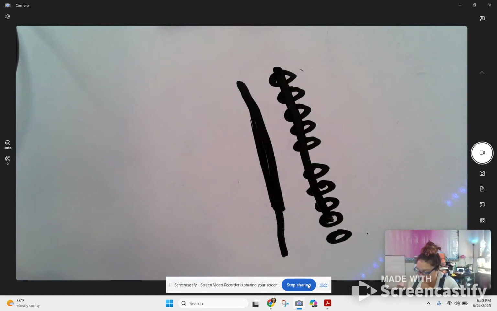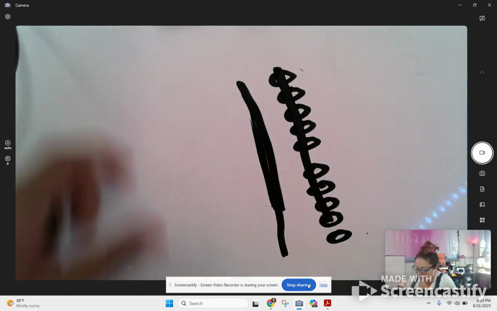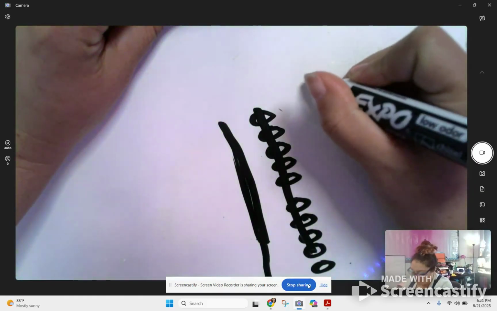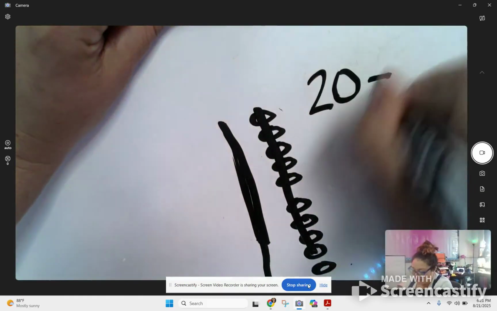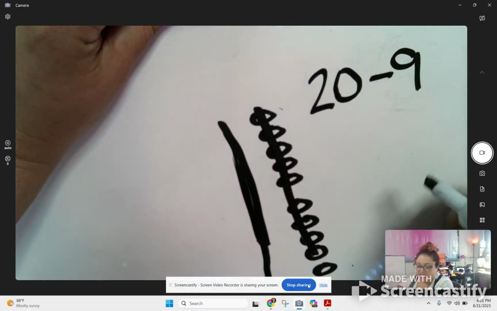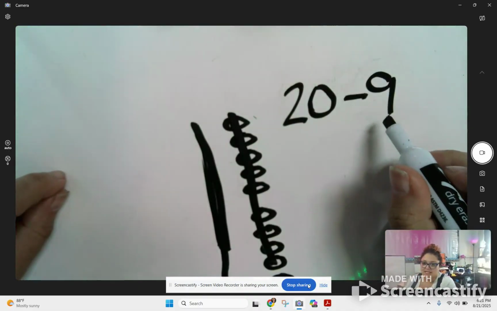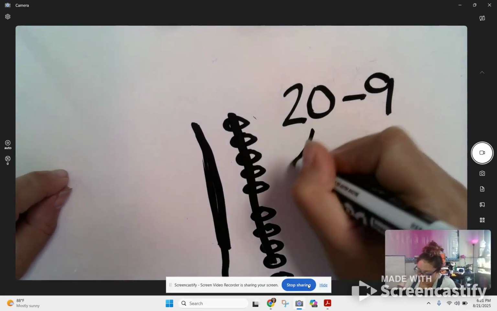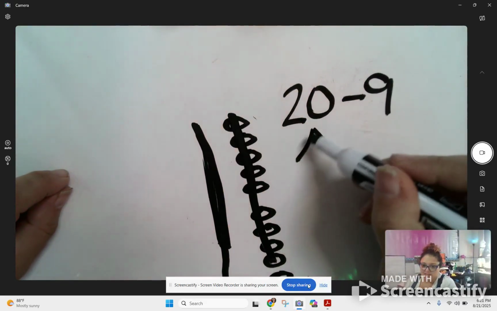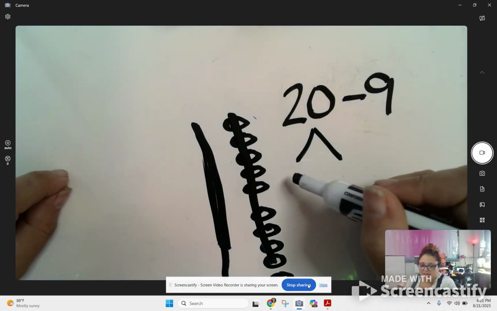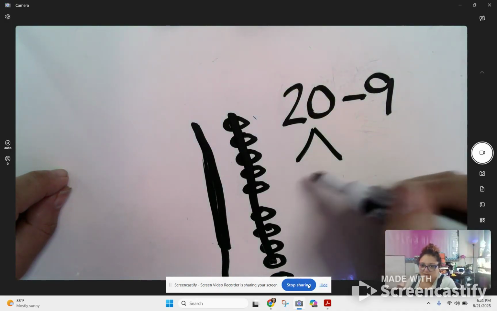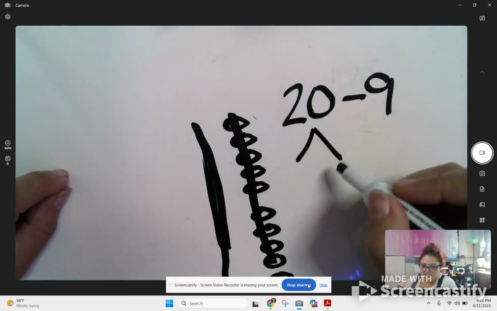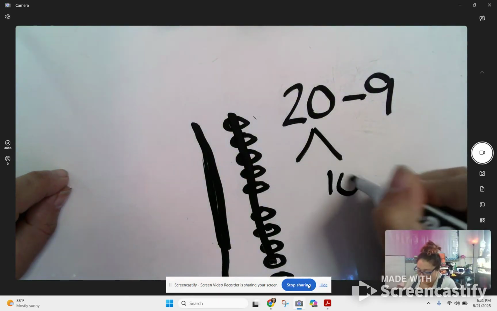The other thing that they were showing us was number bonds. So if I move on to doing the same exact problem, I can do 20 minus 9. And then once again, it's saying that you can't take 9 out of that 0. So we break it into a number bond. That's what this is called. It just basically means that these two numbers are going to add together to equal this number. I want to take it out of 10 to make it easy on myself.